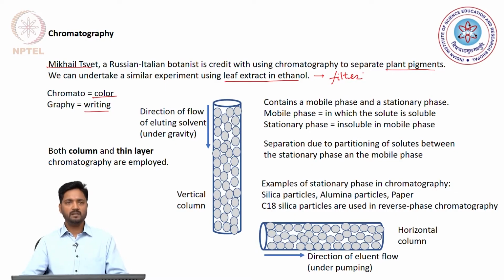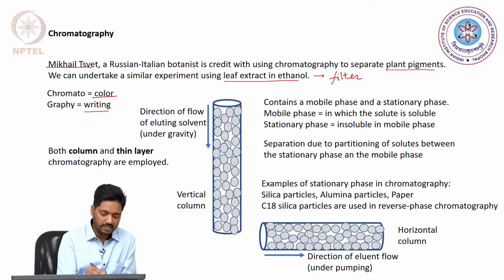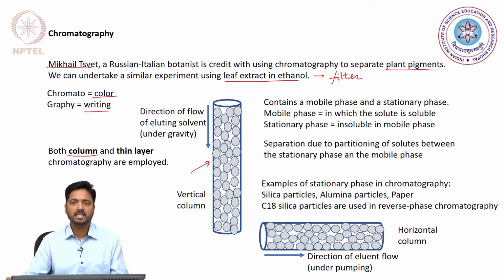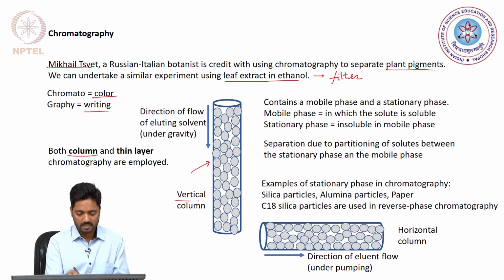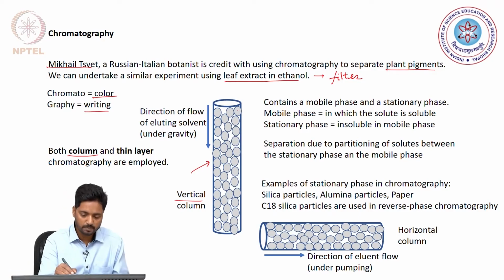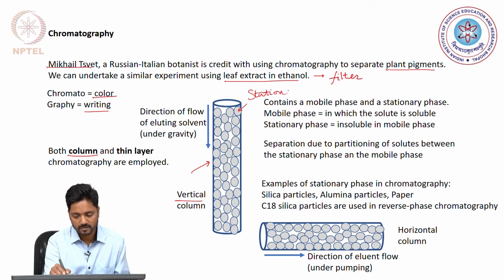So, basically chromatography can be either a column based chromatography, which is what we have shown here, where there is a cylindrical column which in this case is oriented vertically, and the column is filled with these particles which are shown here, which we call the stationary phase.